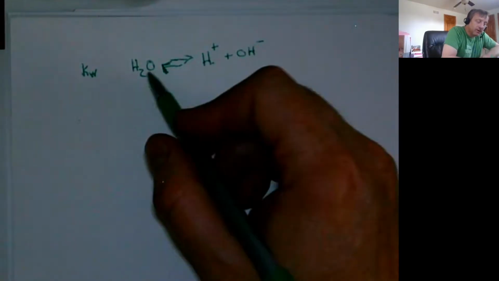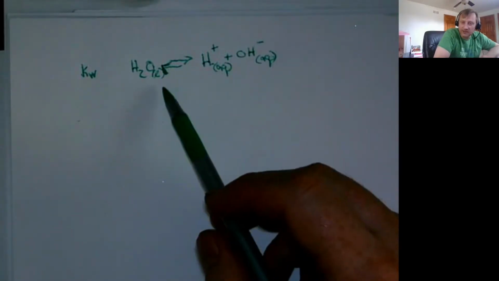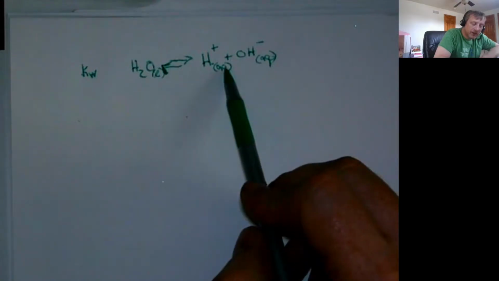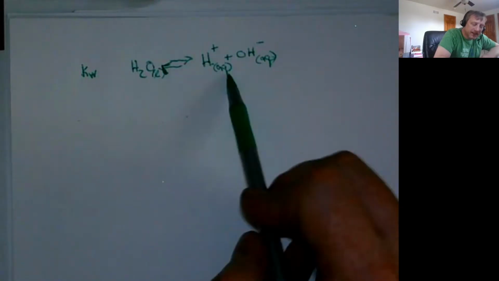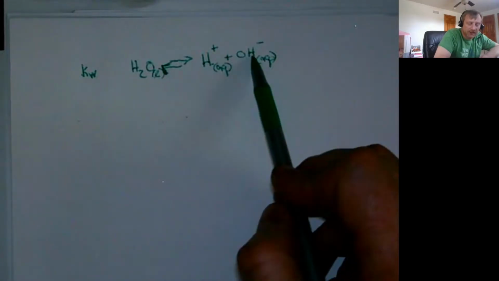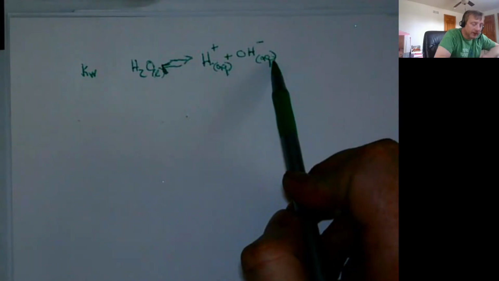And so we're going to look at an equilibrium expression for this. Just to put the states down, because this will help us with the next part, we have some liquid water that's breaking down into some of this ion dissolved in the liquid water, making it aqueous, and some of this ion dissolved in the liquid water, making it aqueous.